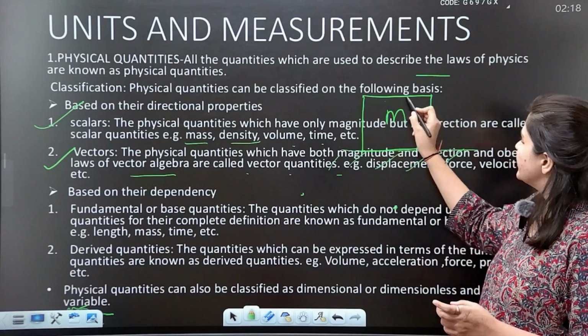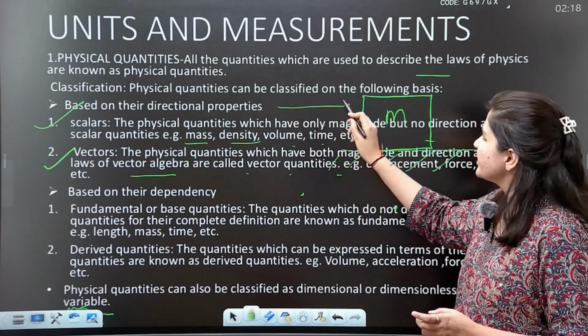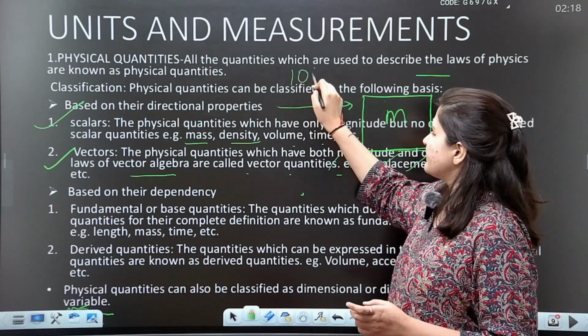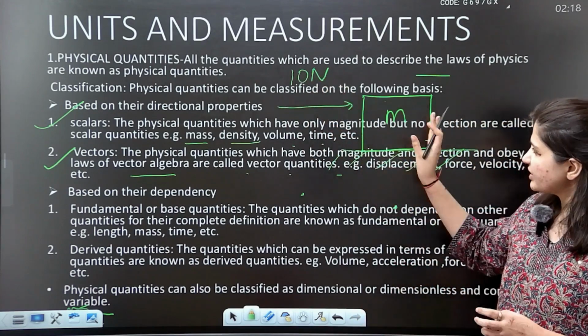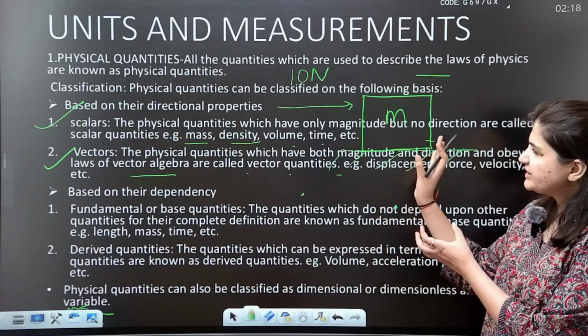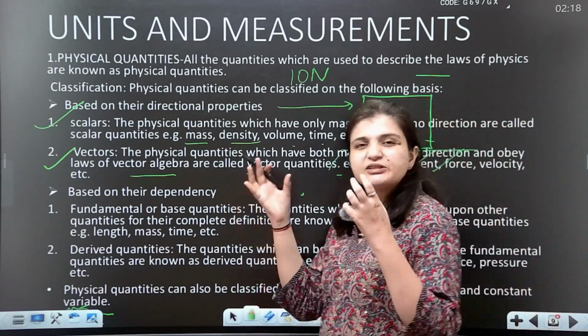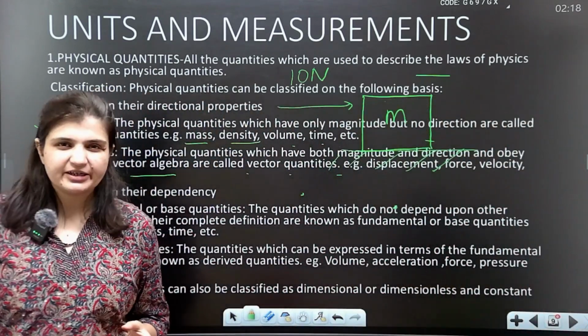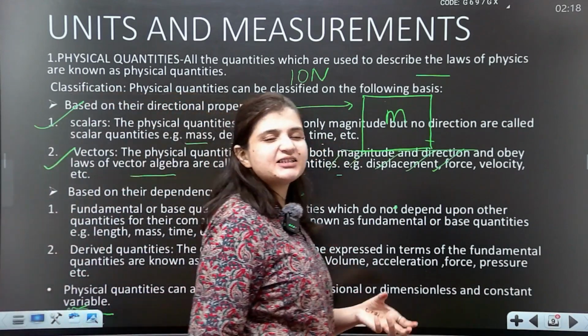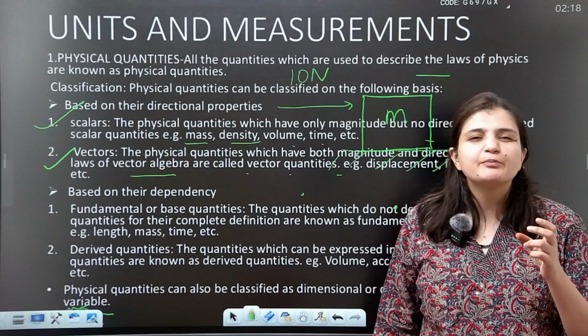Now let's consider here the force applied is 10 Newton. This is a mass of an object, it is kept on the ground. Now this 10 Newton force is applied on it. Now we have applied this 10 Newton force on this mass m object.